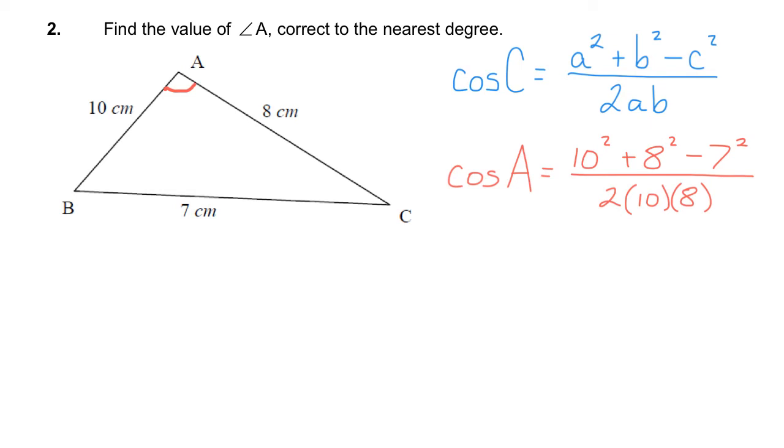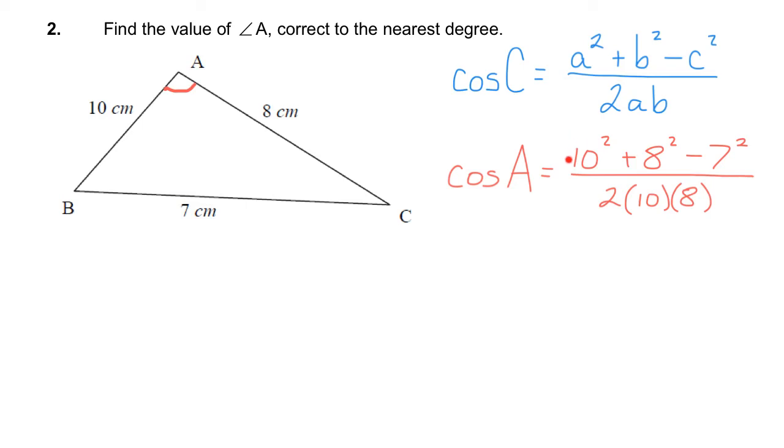So I would recommend, if you're putting it all in one step in your calculator, to put brackets around the top part. So put 10 squared plus 8 squared minus 7 squared, the whole thing in brackets. Then divide by this in brackets. So make sure you use your brackets, or you can just do this in more than one step.